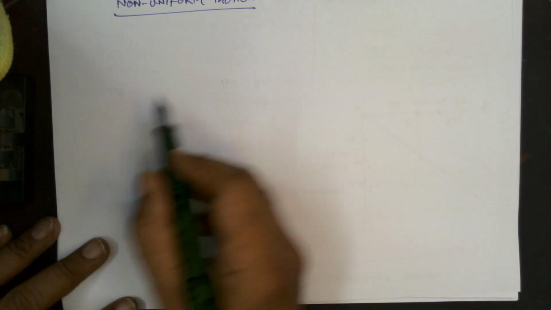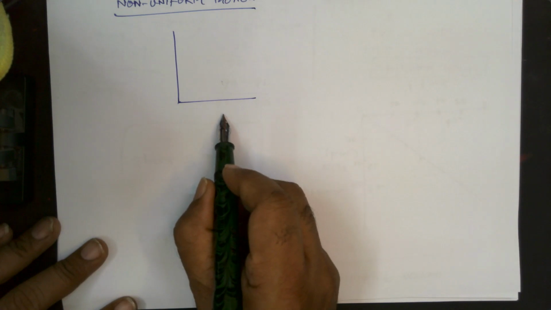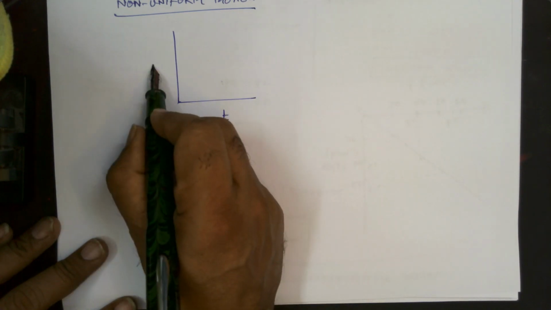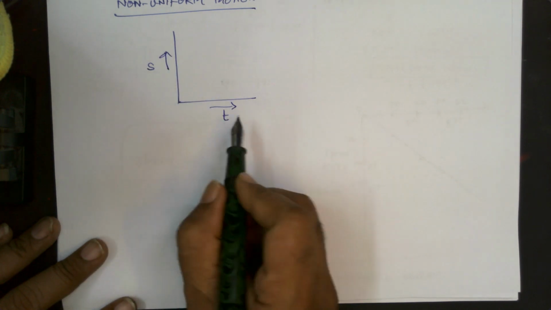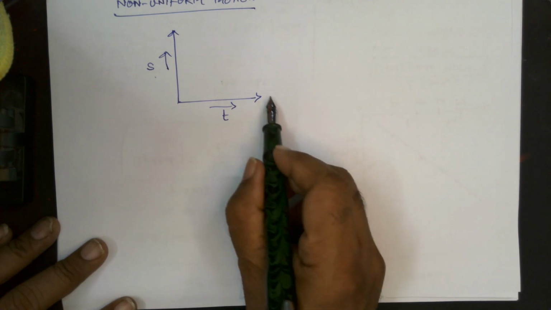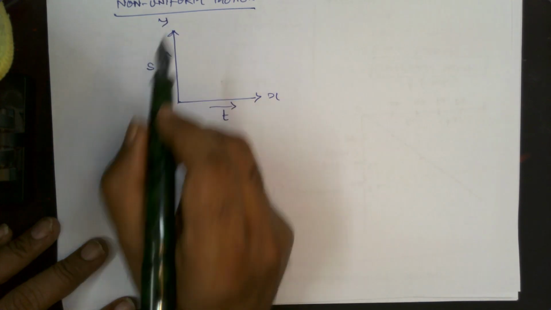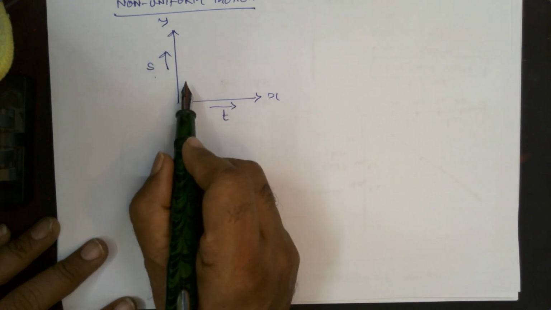Okay, so this can be represented by, so this is T and this is S. So distance and this is time. x-axis, y-axis. So this is an accelerated non-uniform motion.